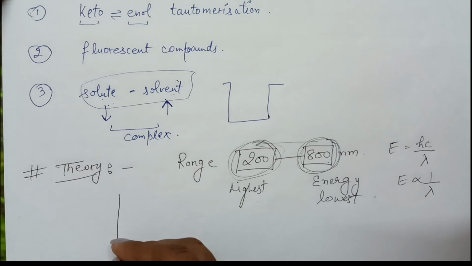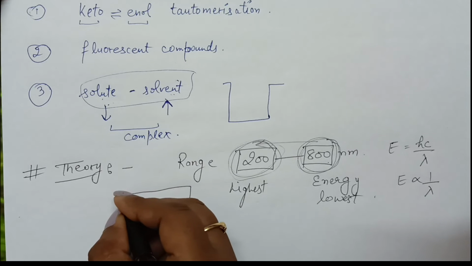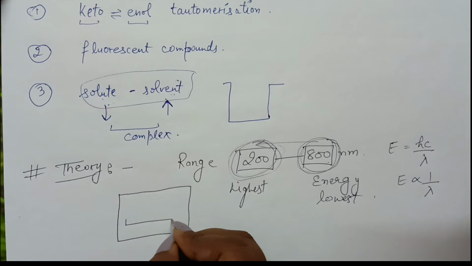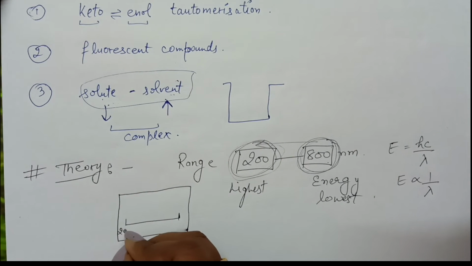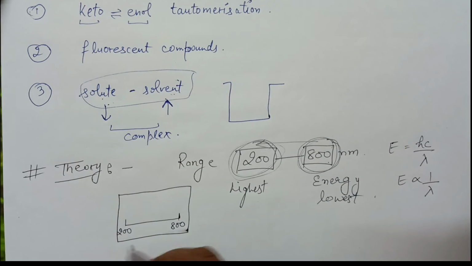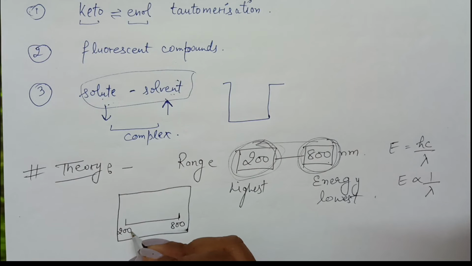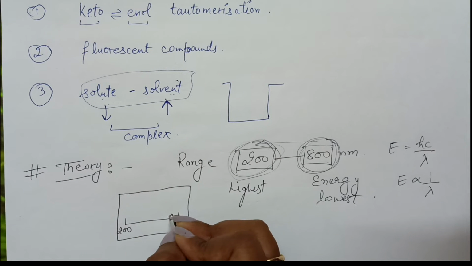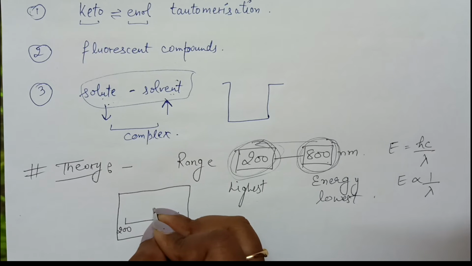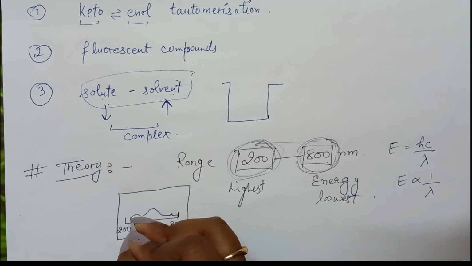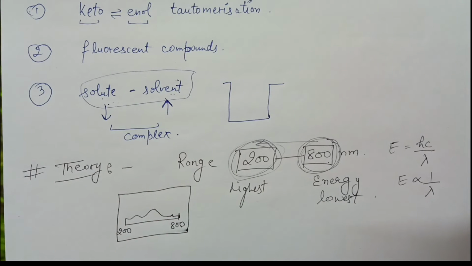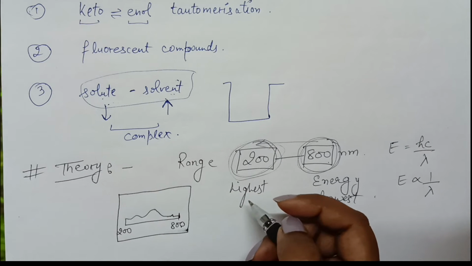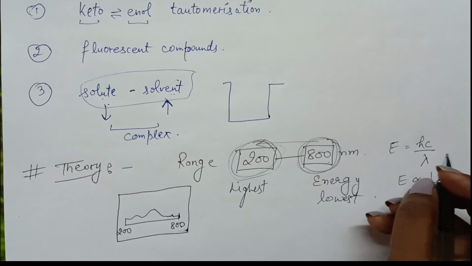So that is why, if we want scanning of a certain solution from 200 nanometer to 800 nanometer, the scanning process will start from 800 and will go up till 200 nanometer, right? Why is this so?